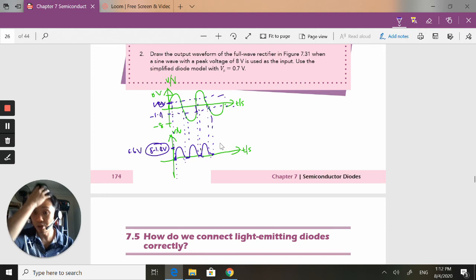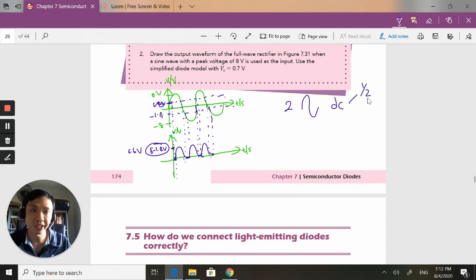Yes, I was talking about a quick summary of this. So there are two ways that I can convert an AC to a DC. One is by half wave rectifier, the other is by full wave rectifier, and I also have to consider whether it is an ideal or a simplified diode model.